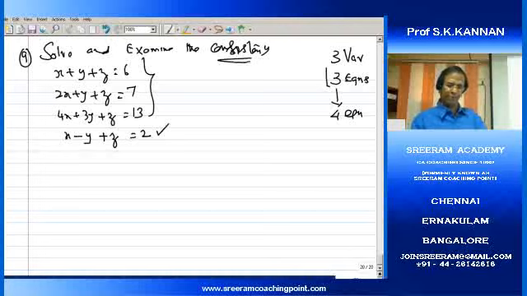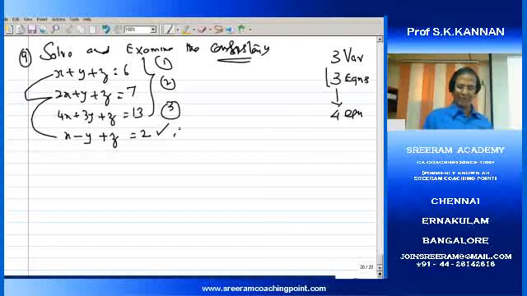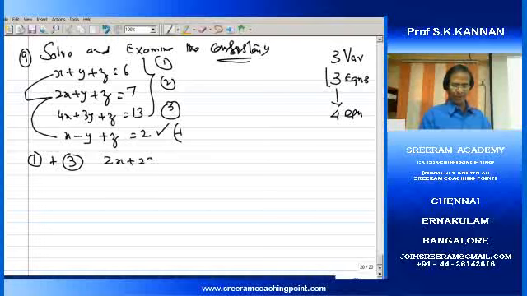Come on, solve it. We shall solve first, second, and fourth. I want to cancel y. First and fourth add. I get 2x plus 2z equal to 8. x plus z equal to 4.